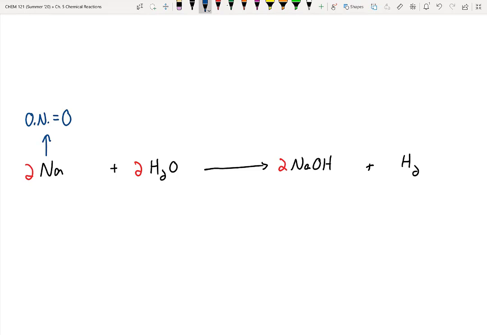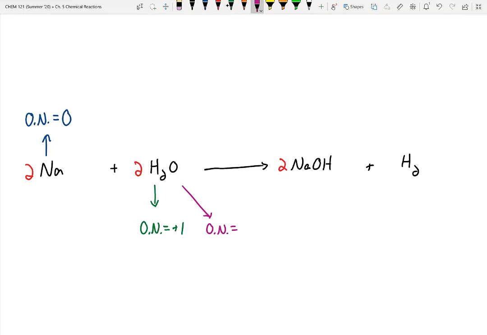Okay, now let's do hydrogen. Oxidation number. It's in a compound. +1? +1, perfect. Okay, and then let's do oxygen.